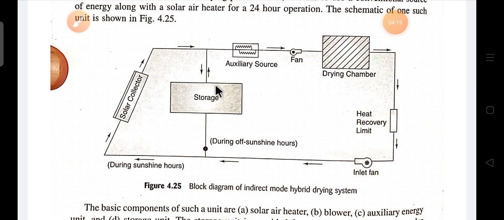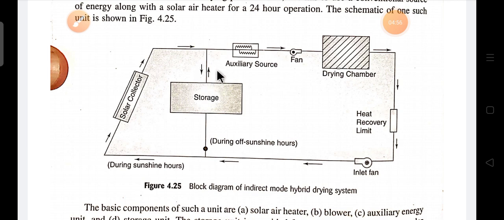The storage is used when there are peak summer or hot days, when a lot of hot air is produced but we cannot use that much for our drying process. So the rest of the hot air is stored for backup purposes, for cloudy days or night.